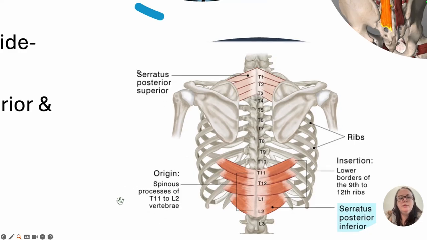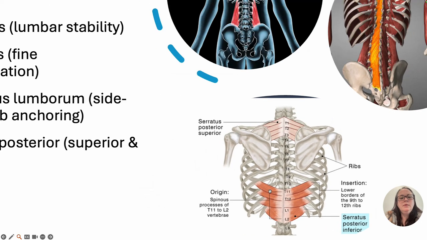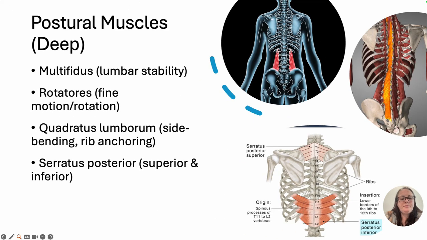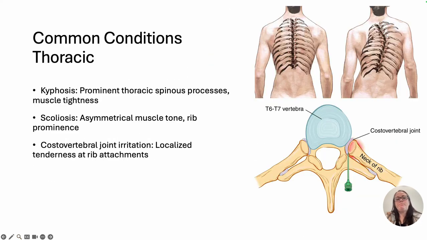Here's your superior, and then your serratus posterior inferior, below. Those muscles all help with posture. If you have dysfunction in any of these muscles, you might have bad posture or an injury.